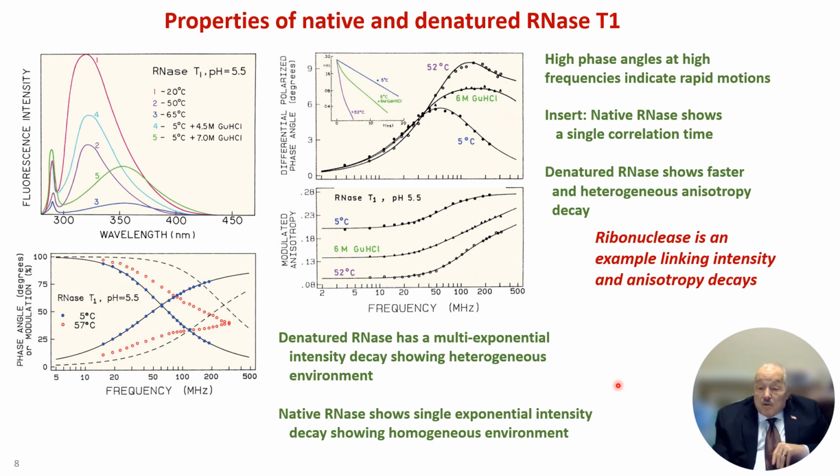So this is a great example of linking the state of the protein with the intensity and the anisotropy decays. This was only possible because of this very simple decay we had to start with for a single tryptophan, and all the other ones we're going to see are more complicated than this.